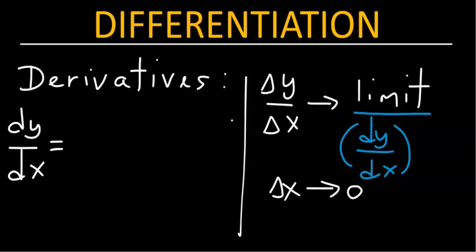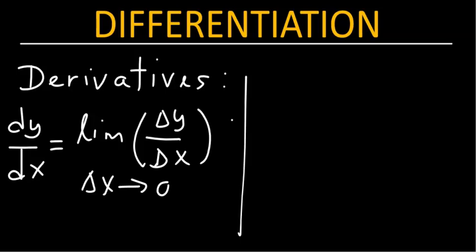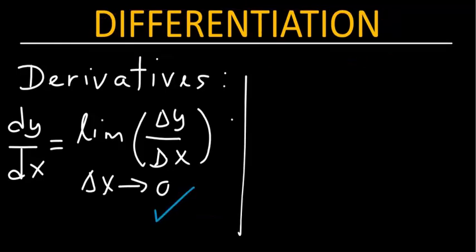It is quite simply the limit of the ratio delta y over delta x as delta x tends to 0. The process of finding this limit is called differentiation. This is the fundamental definition of derivatives. And finding derivatives from this fundamental definition is called differentiation from first principles.